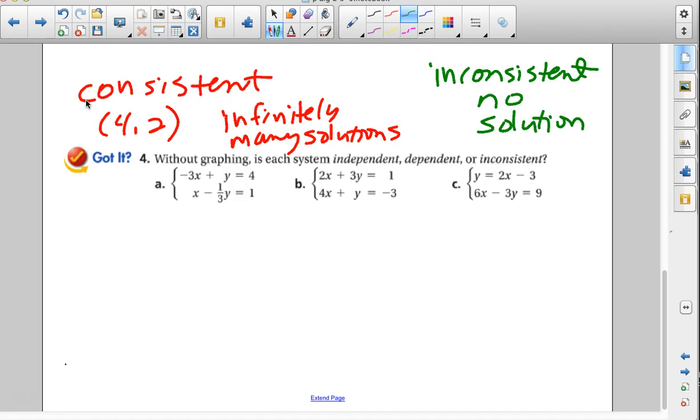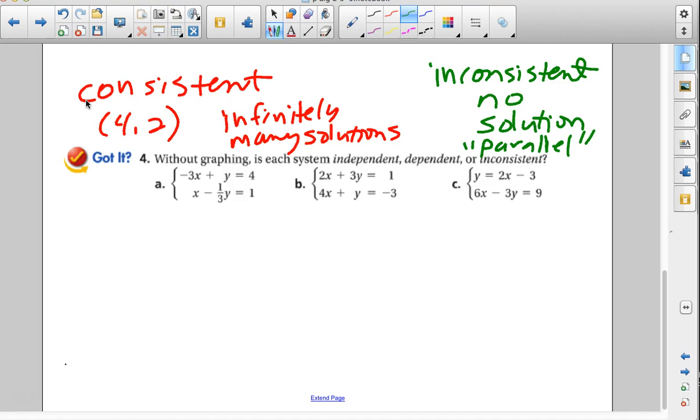Now that only happens when the lines are parallel. So we think about how we would know numerically with just equations, we wouldn't have to graph these. Well, if we see they have the exact same slope, but they don't have the same b value, those are parallel, so we're going to write inconsistent for that.